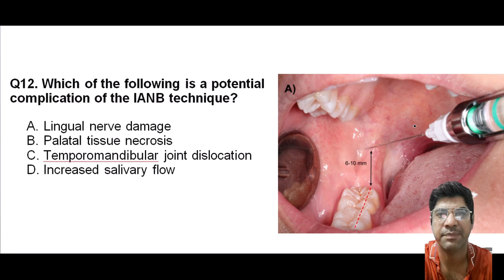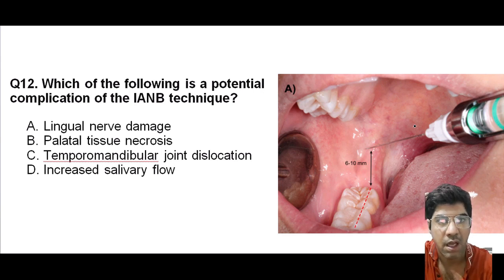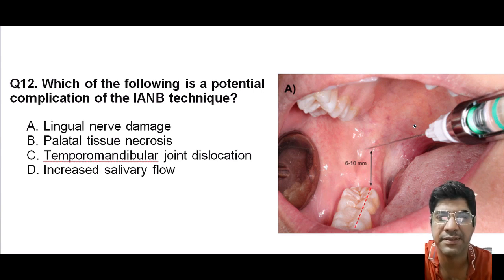Which of the following is a potential complication of inferior alveolar nerve block? The most important potential complication associated with the inferior alveolar nerve block technique is involvement of the lingual nerve, which runs close to the injection site, and damage to it can result in lingual nerve numbness and altered sensation.